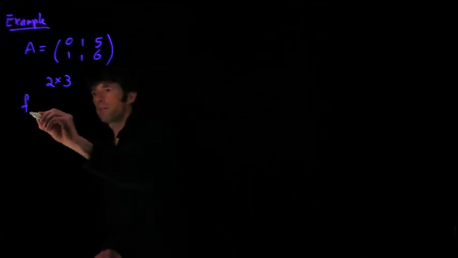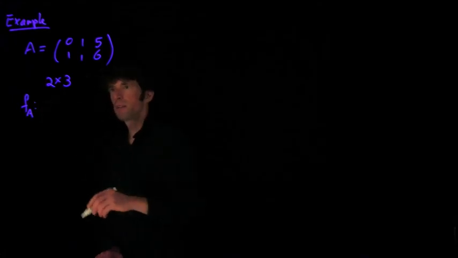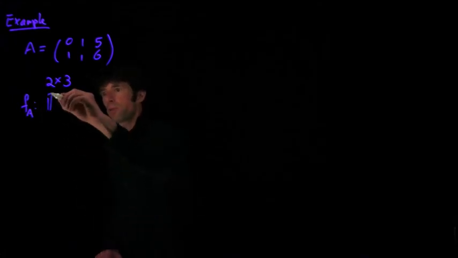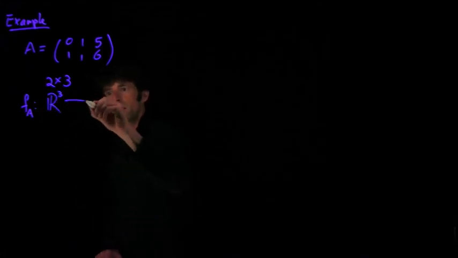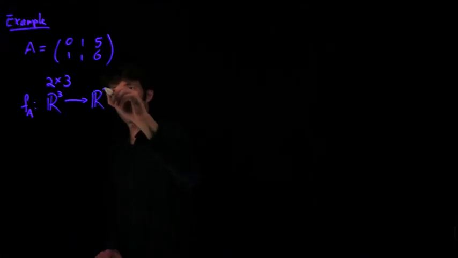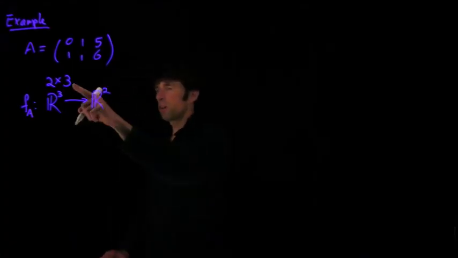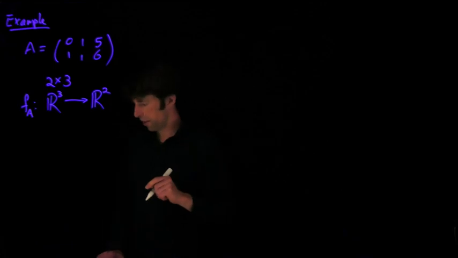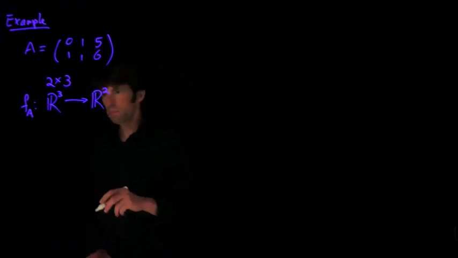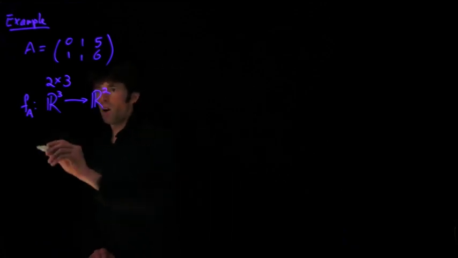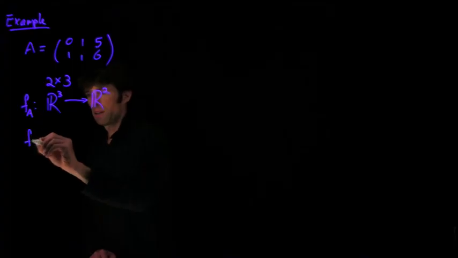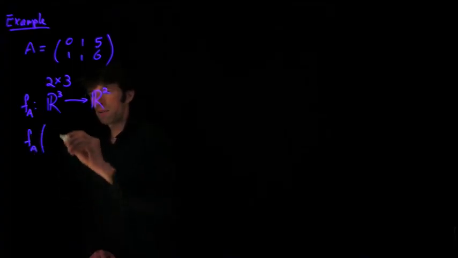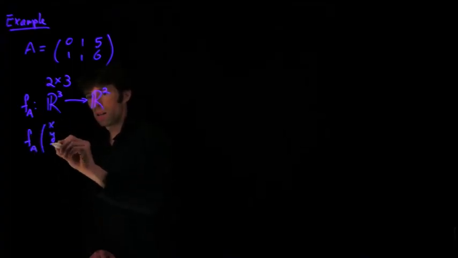So this defines a function f sub A, which goes from R^3 to R^2. So it takes as input a column vector of length 3 and produces as output a column vector of length 2. So let's see what it does to an arbitrary vector, f sub A of (x, y, z).